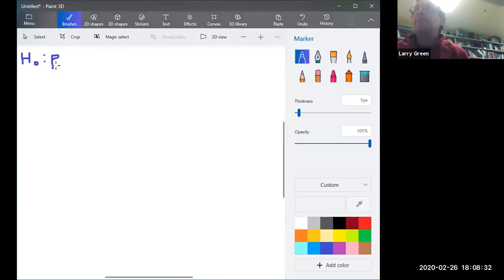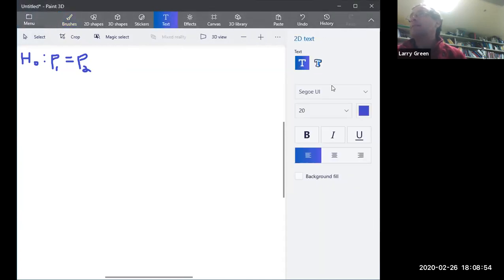And I'm just going to use P1, which is P for 2019. And that's going to be equal to P2. And P2 will be 2015. Let me type that out actually, because that's important.